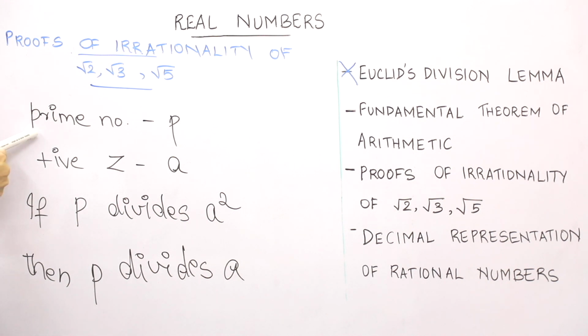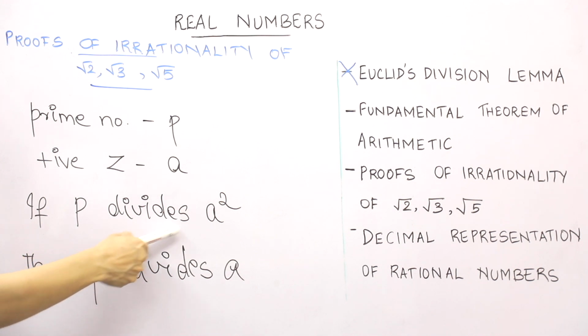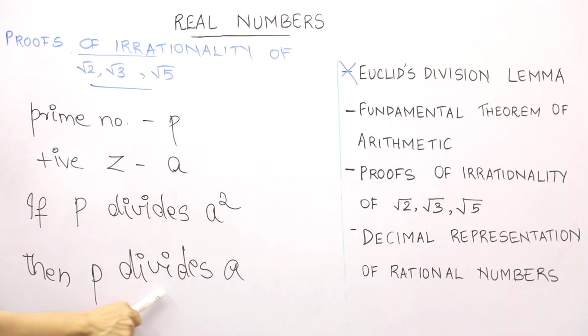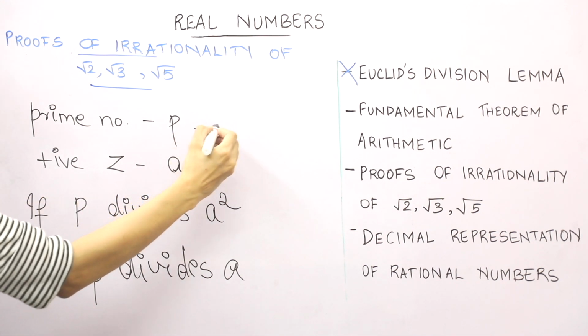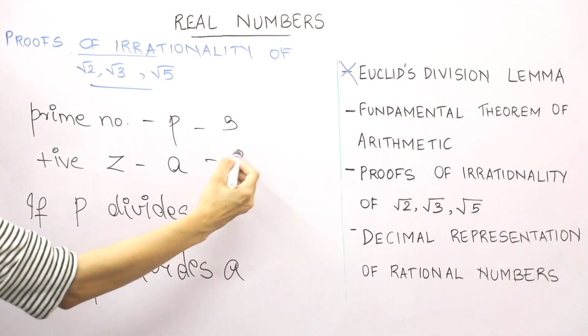So for a prime number p and a positive integer a, if p divides a square, then p divides a. Let us take an example of prime number 3 and a as 9.